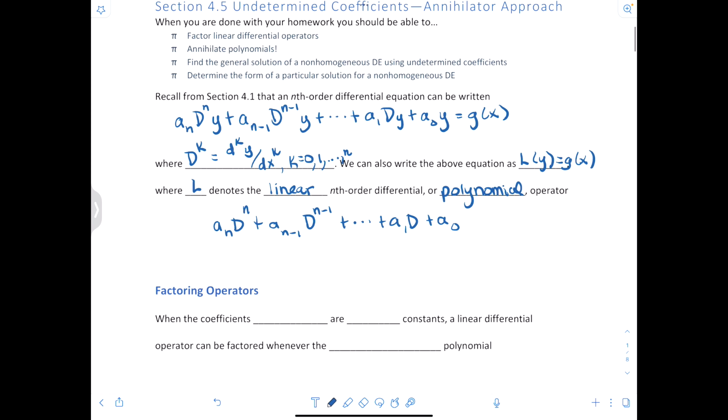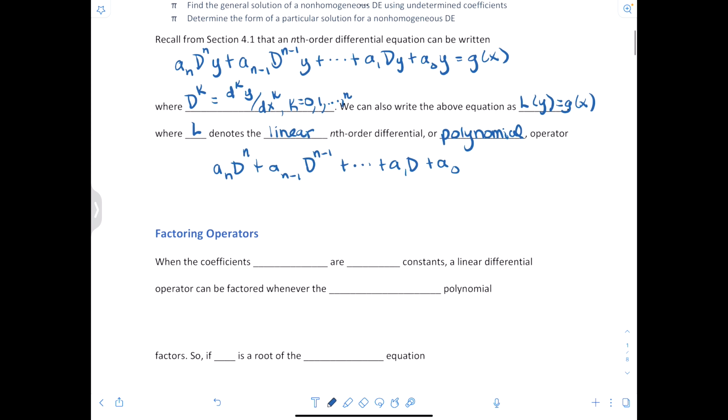So factoring operators is where we'll start.